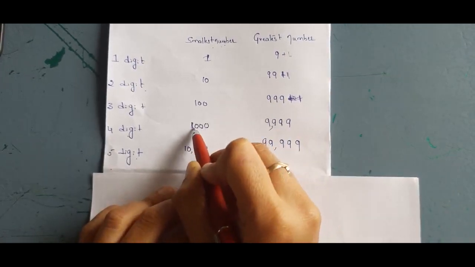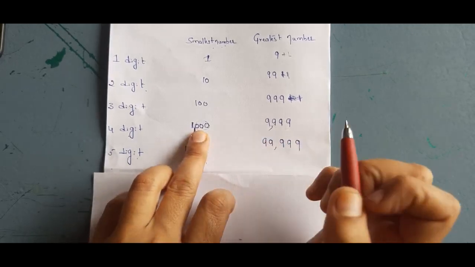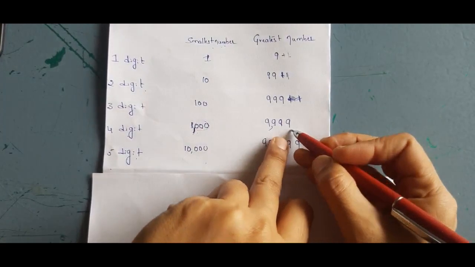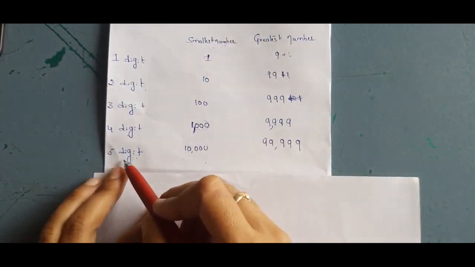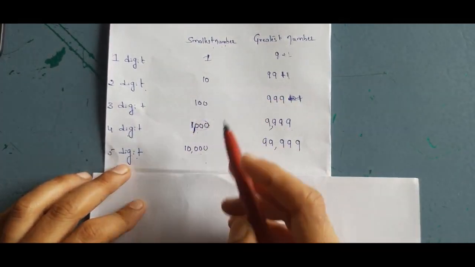Ones, tens, hundreds. What is the way to insert a comma? After finishing the ones period, we have to insert a comma. Next, the largest 4-digit number is 9999. Next, the smallest 5-digit number is 10,000.